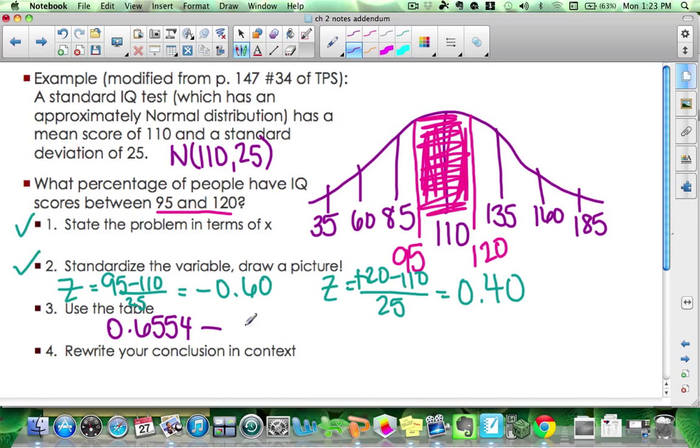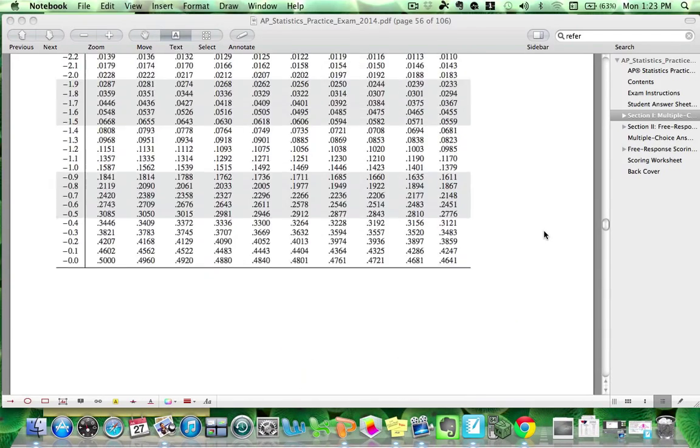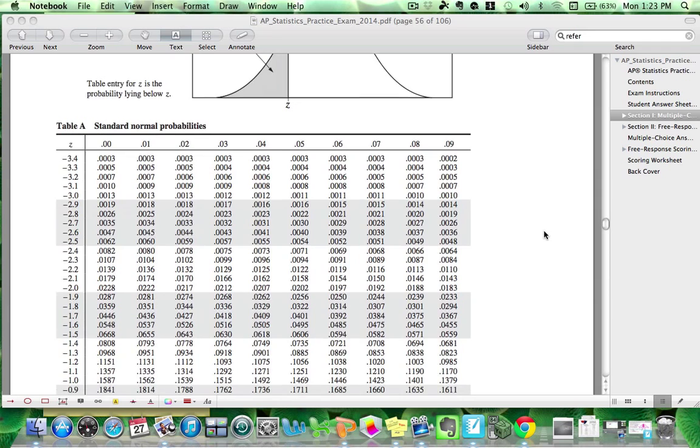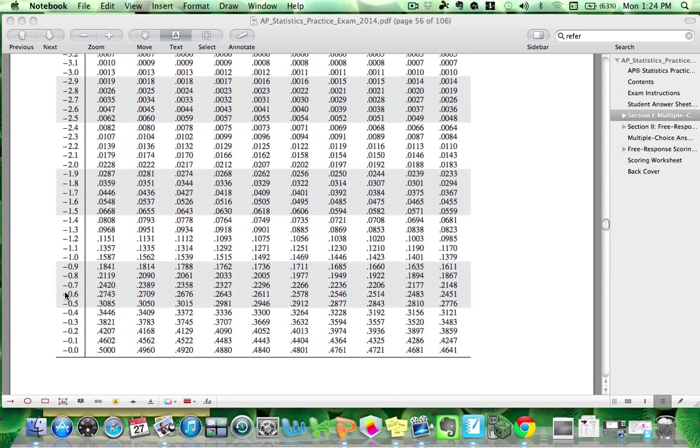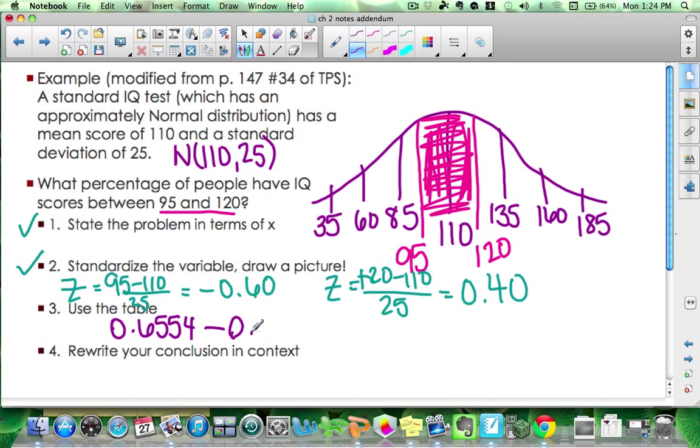Then 0.6554 minus the value for negative 0.60. So now I need to go back to my tables on the negative side. Okay, so here I am. Negative 0.6, and then 0 in the hundredths place is 0.2743. And if I subtract those, I get 0.3811.